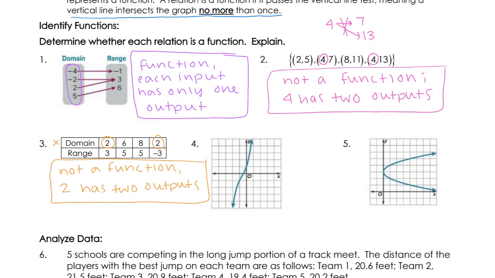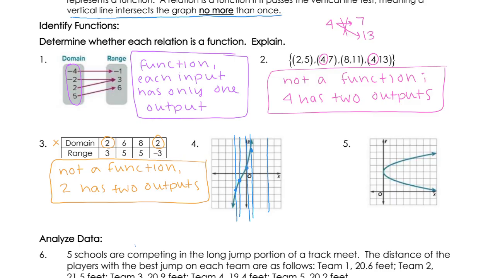Okay, for 4 and 5, now we have a graph. This is when we use the vertical line test. If you remember, it's at the top of my screen right now, it says the vertical line intersects the graph no more than once. So if I drew a vertical line right here, I see that my graph only intersects once. If I drew a vertical line all the way over here, it doesn't intersect at all, which is fine. If I drew one here, it intersects just one time right here, and I could draw so many more.